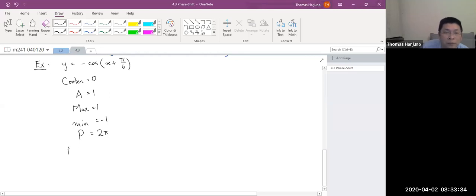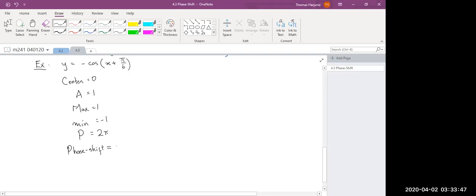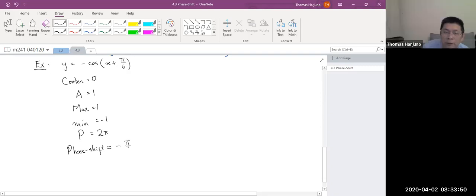And the phase shift, instead of starting from x equals 0, the phase shift will be negative pi over 6. That's right. Now, the notation for phase shift is phi. It looks like a lowercase p, but it has some tail. Now that's the phase shift.